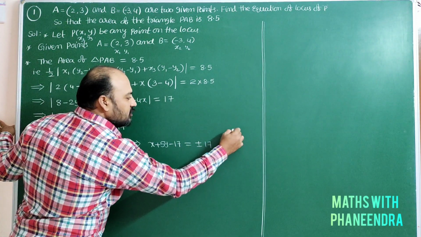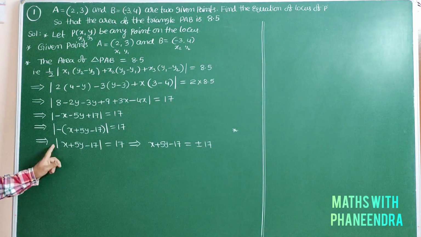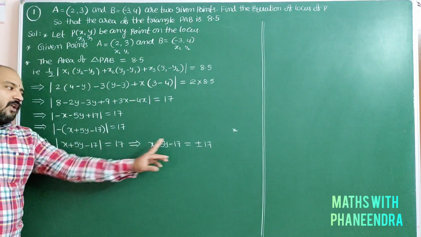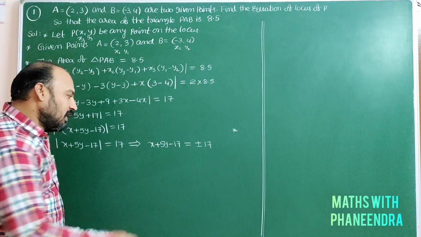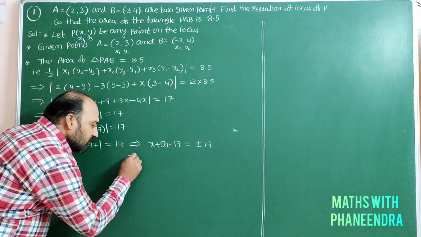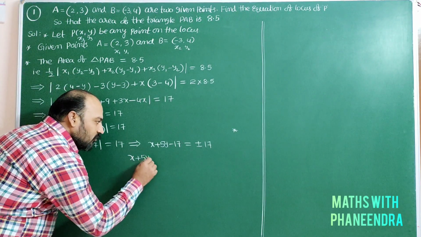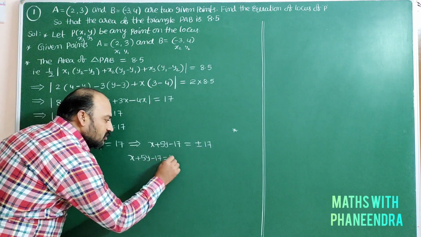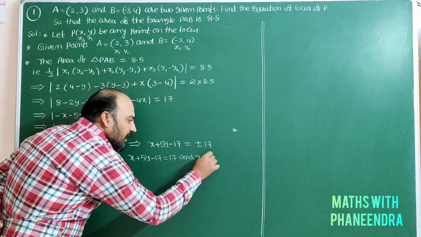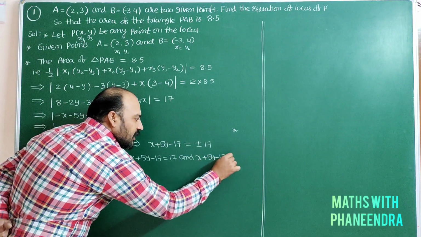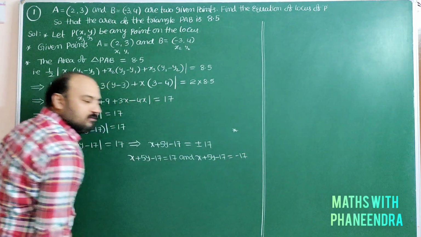This is the turning step, dear students, you remember. If you remove this modulus, we get plus or minus on this side. So from here, two equations we are getting: x plus 5y minus 17 equal to 17 and x plus 5y minus 17 equal to minus 17.